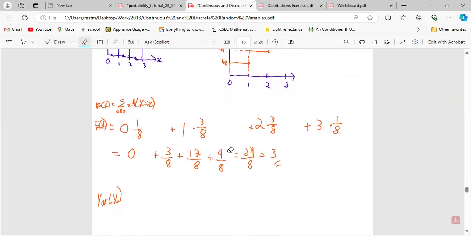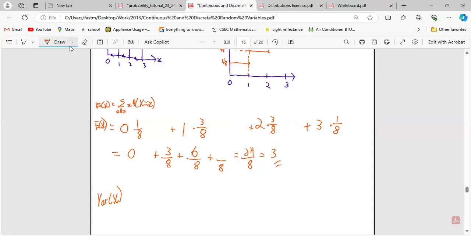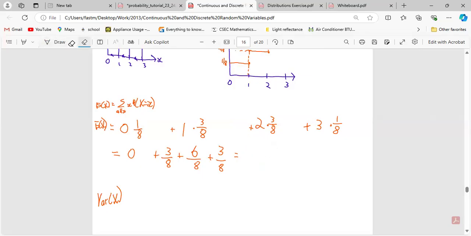So this will be 3 on 8 still. This will be 6 on 8. So 3 on 8, 6 on 8. This here will change to 3 on 8. And the answer will change. You have to be careful because it's x times the probability that X is equal to x.